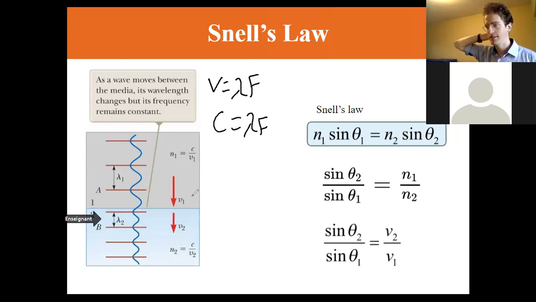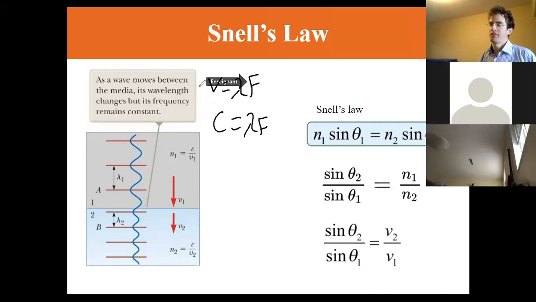It changes speeds in new media, which means it still adheres to this wave formula. If the speed of light in the medium is changing, either the wavelength or the frequency must also change. And frequency does not change, because that's related to the conservation of energy, so that's constant.